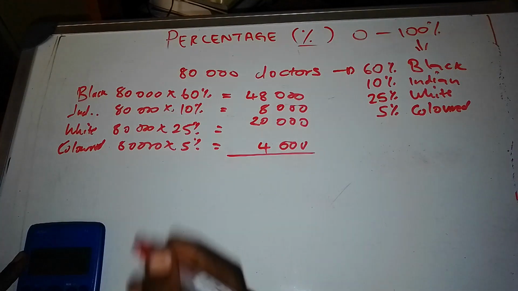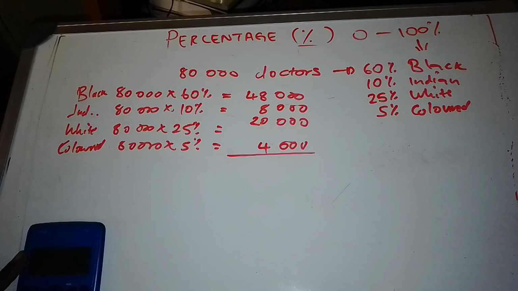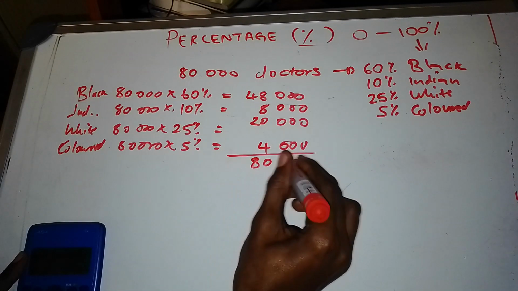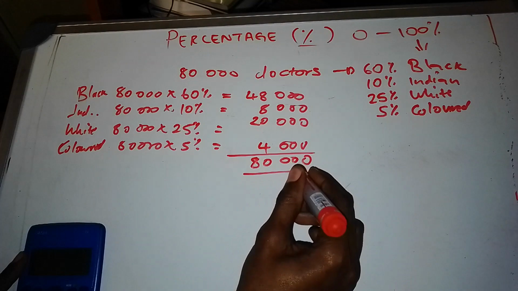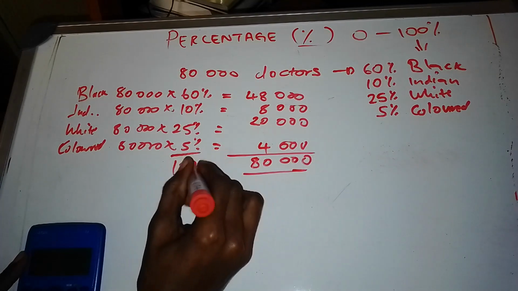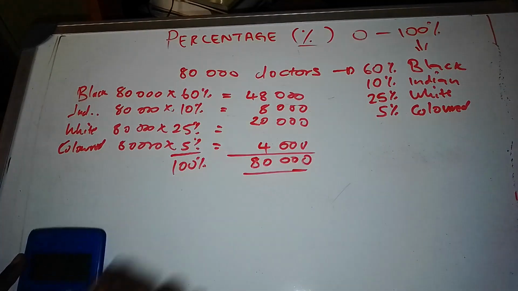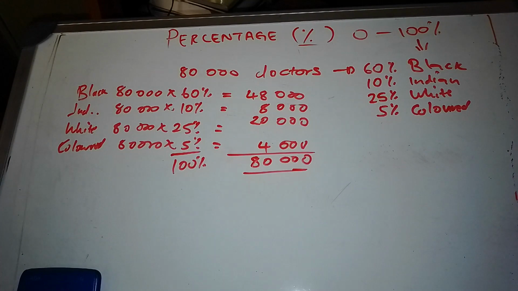So it must give you the same total, right? Now you will say 48,000 plus 8,000 plus 20,000 plus 4,000. It gives you 80,000, which is the total, which is 100%. Even when you add the percentages, it gives you 100%.